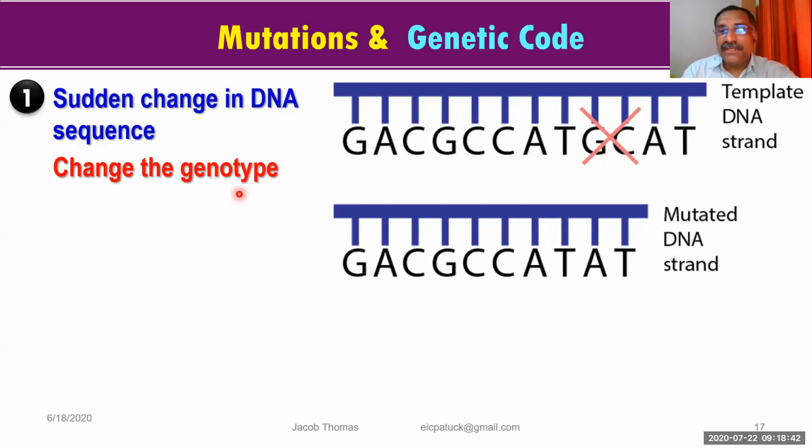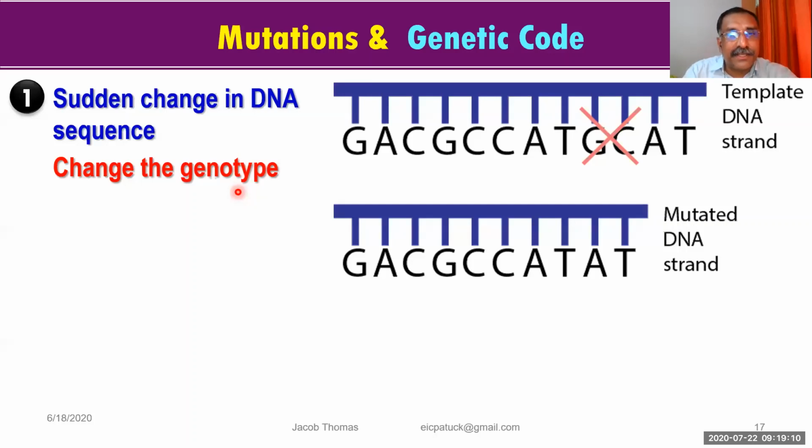Okay, the correct definition of genotype is the genetic constitution of an individual. The genetic constitution of a character is known as genotype. Genotype and phenotype are two technical terms here.